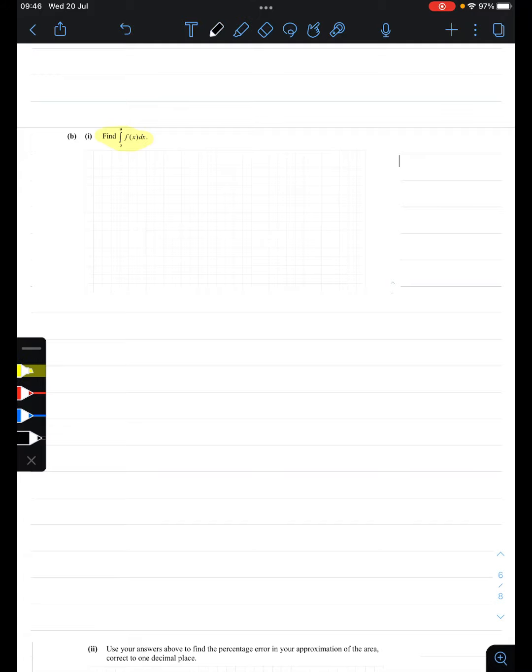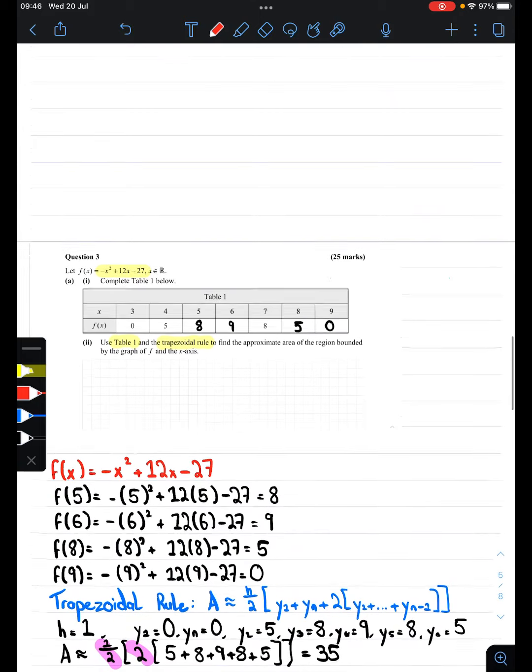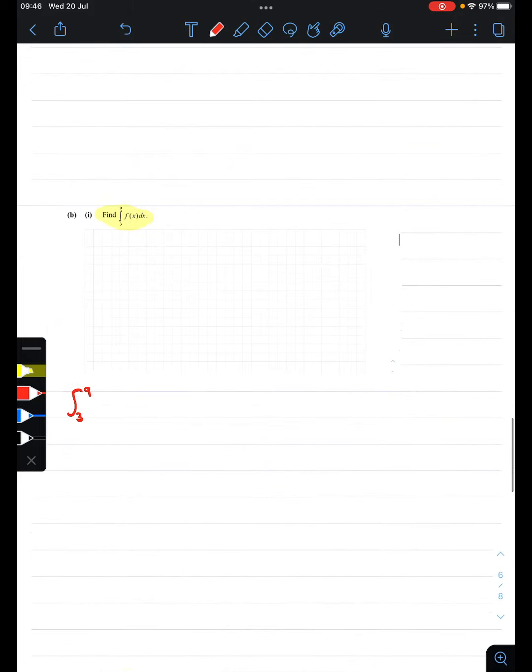Let's write out the question in maths form. The integral from 3 to 9 of f of x, and f of x is minus x squared plus 12x minus 27 dx.